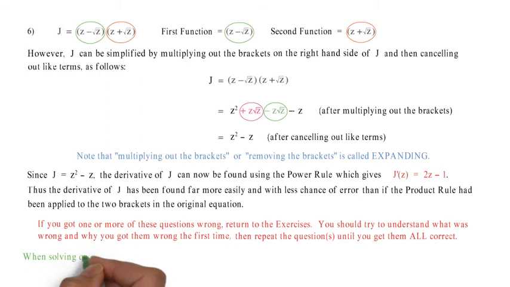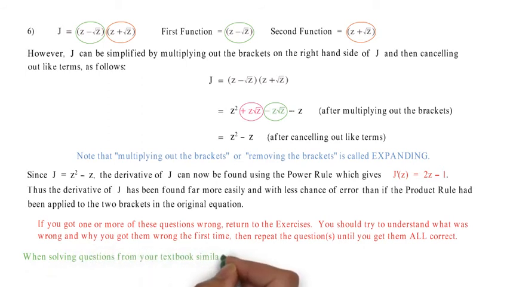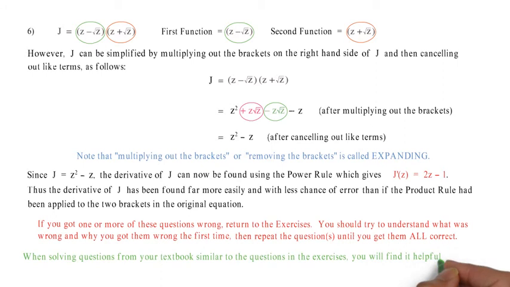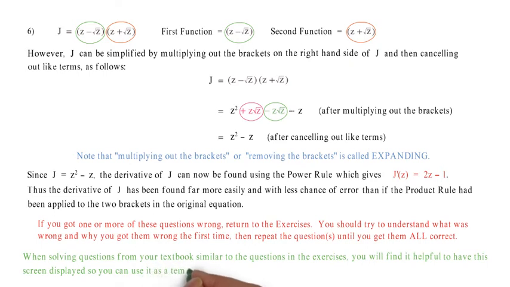When solving questions from your textbook, similar to the questions in the exercises, you will find it helpful to have this screen displayed so you can use it as a template. You should then find this topic simple and beautiful.